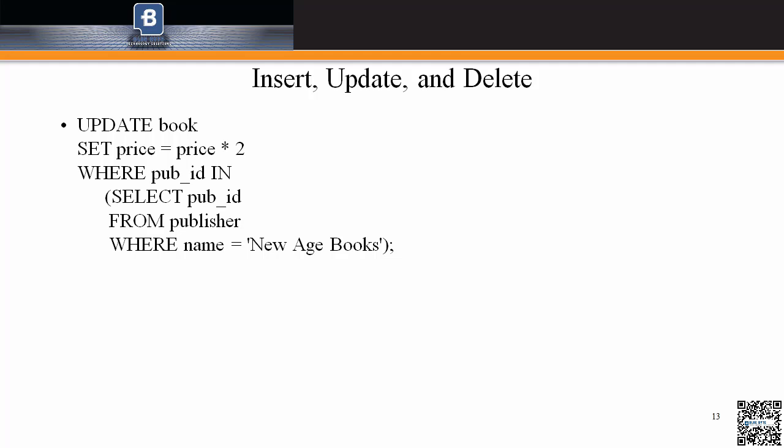Where do I want to do that? I only want to do that for New Age books, where the name equals New Age books. So I go against the publisher, I pass the publisher ID back up. Now in this case, it's only going to be 1, but I can still use an in operator because the in operator works if it's 0, 1, or more. So that's a safe bet.